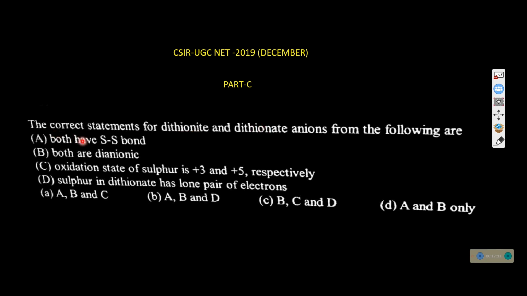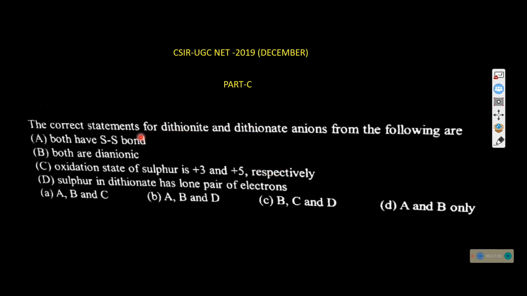So in the question, which are correct? Option A says both have an S-S bond, that is correct. B, both are dianionic, that is also correct. C says the oxidation state of sulfur is +3 and +5 respectively, meaning dithionite and dithionate. So +3 for dithionite, +5 for dithionate respectively. It's also correct.